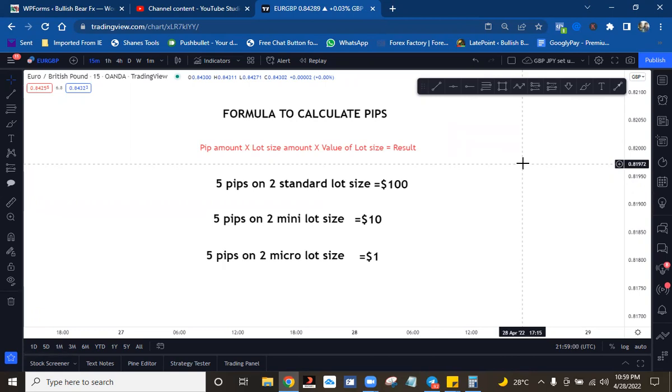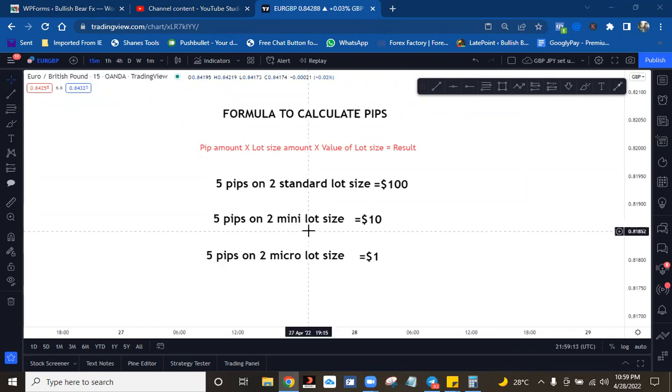And if you come to me and tell me, hey, I took a trade, I'm risking 5 pips on 2 mini lot sizes, that simply means you're risking $10 on that trade.